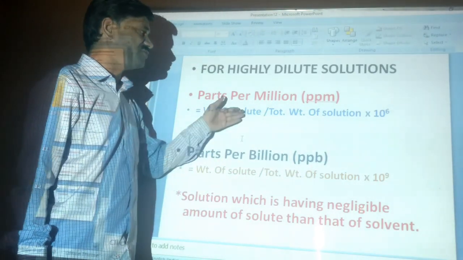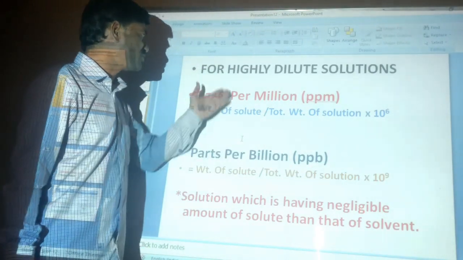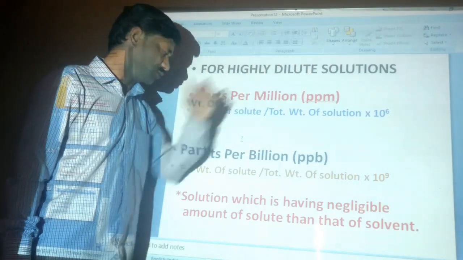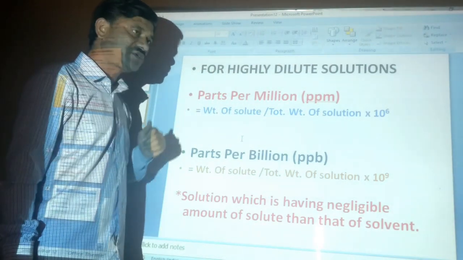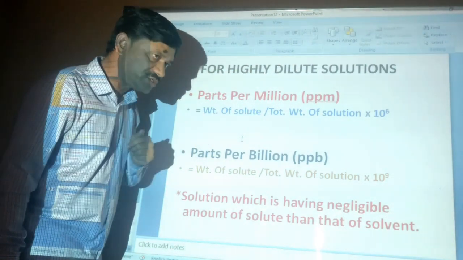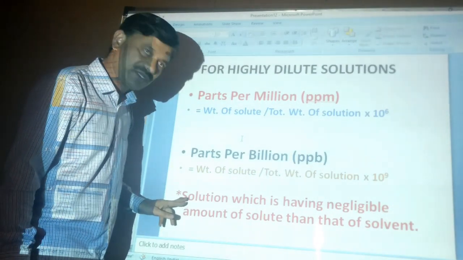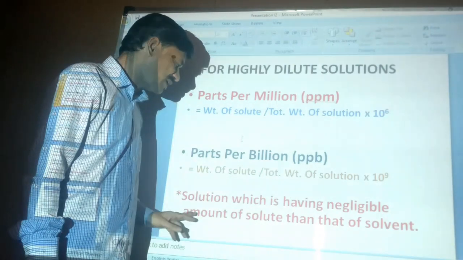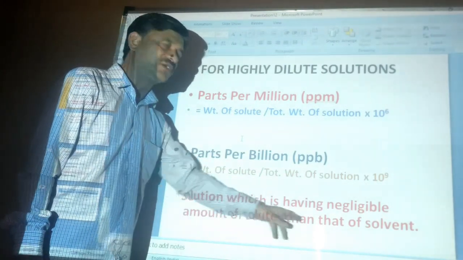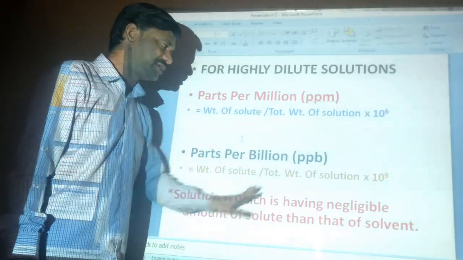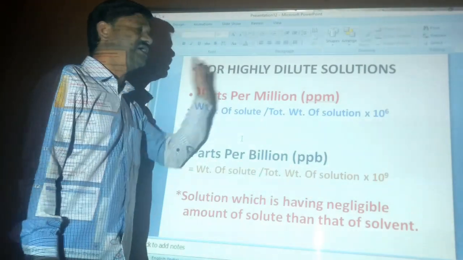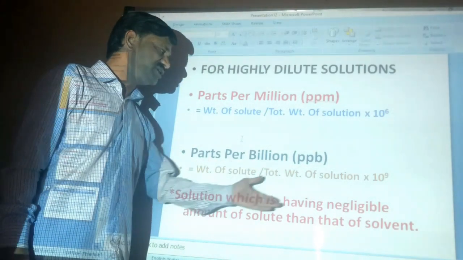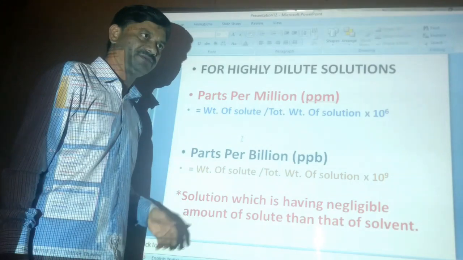So these are the concentration modes specially used for highly dilute solution. But again the question arises, what is dilute solution? It is nothing but a solution having negligible amount of solute as compared to solvent. So in case of highly dilute or very dilute solution, solute is present in negligible quantity.